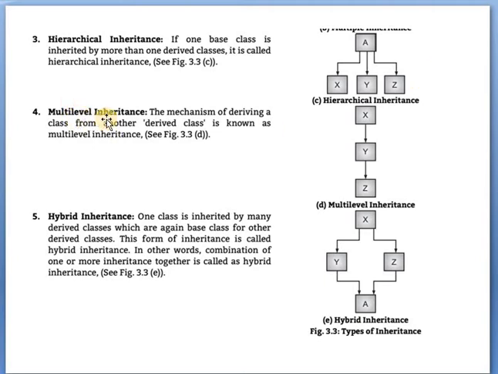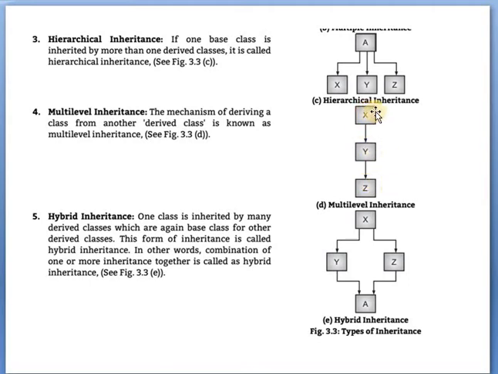Okay, next multi-level inheritance. See here, these are the levels. Previously we saw the example of our grandparents. Suppose X are the grandparents, Y are our parents, and Z are we.